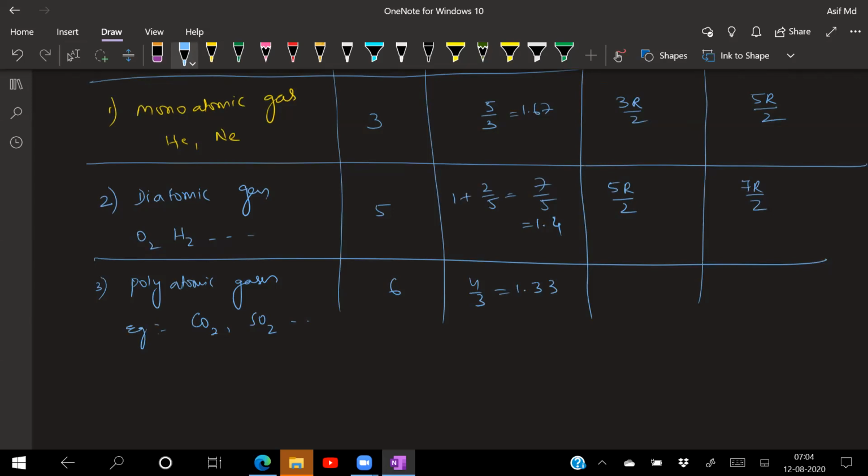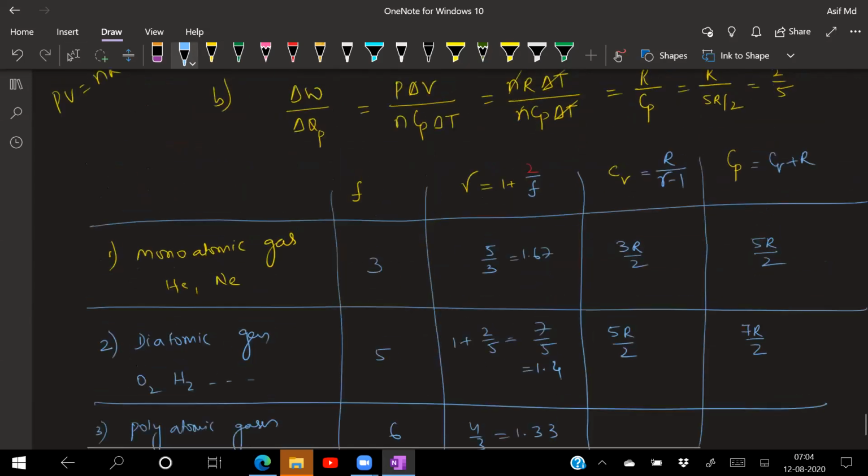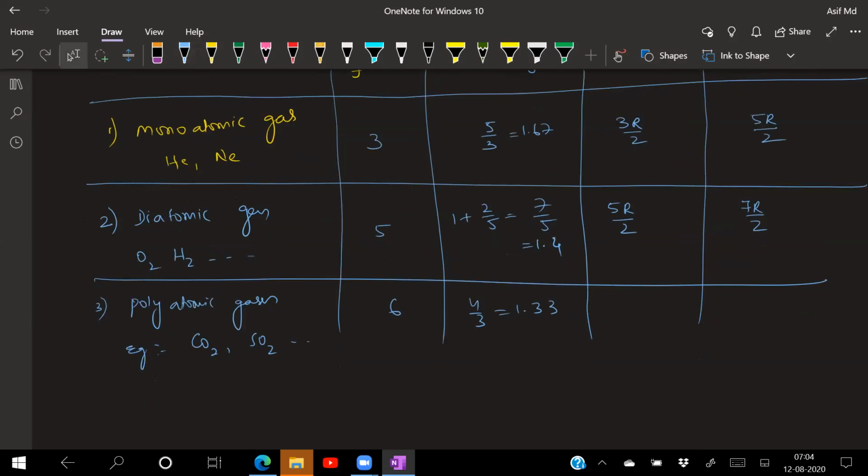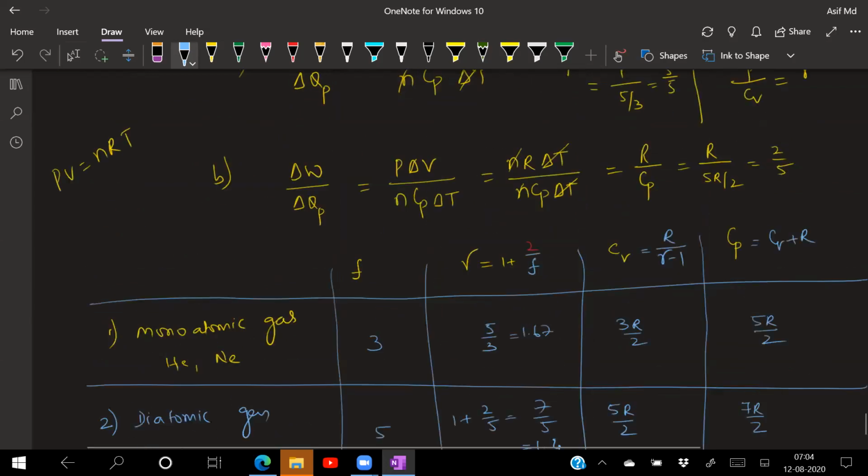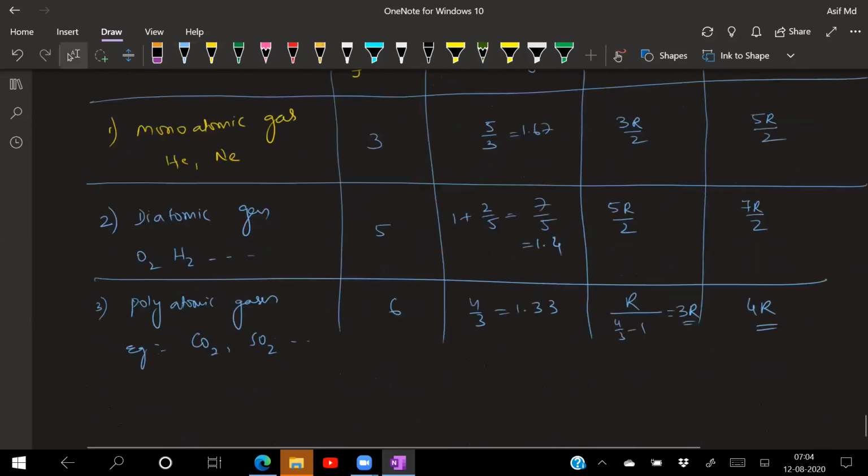Cv value is R by gamma minus 1, so R by 4 by 3 minus 1. 4 minus 1 is 3, that means Cv will become 3R. And Cp is Cv plus R, so 3R plus R, that is 4R.